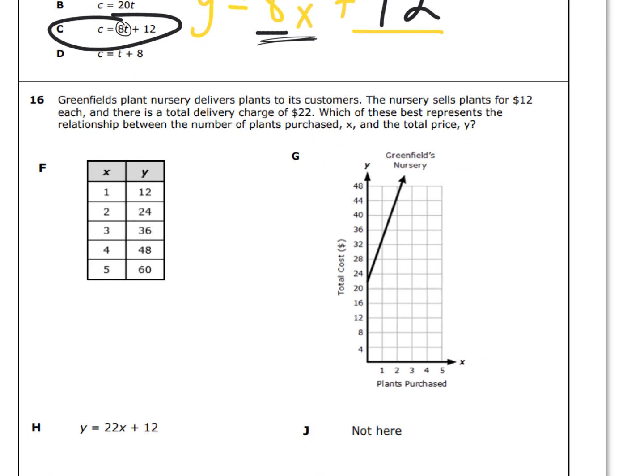Greenfields Plant Nursery delivers plants to its customers. The nursery sells plants for $12 each, with a delivery charge of $22. Right off the bat, we have to remember m is the thing that goes with change. Think m and change. And then b is a one-time thing.